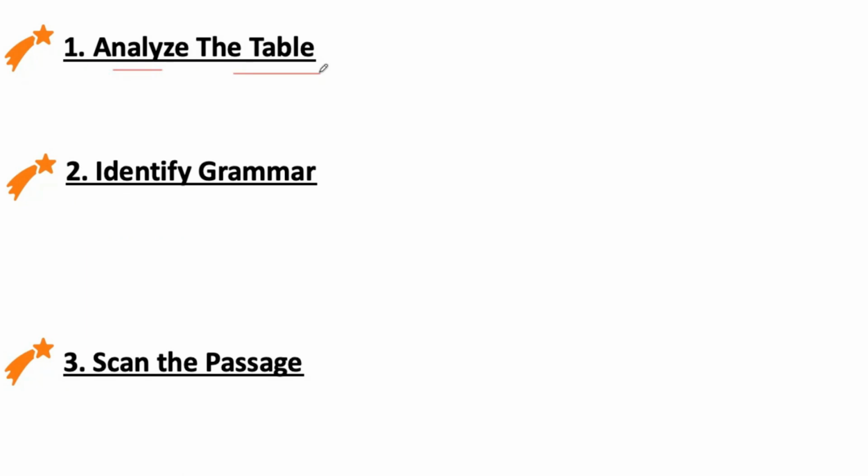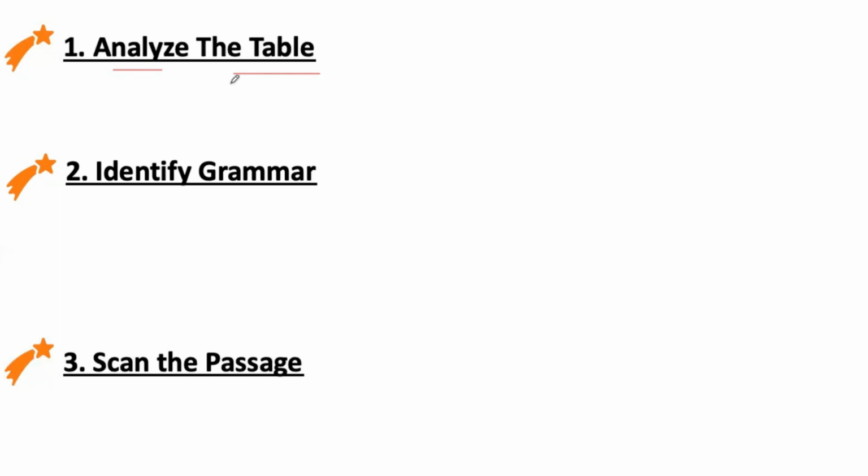We'll have to look for different columns, see what information is needed and what we have to look for. We want to get a good idea of the subject matter, the theme, and if we're going to be looking for numbers or words, and this will help us best approach the passage.